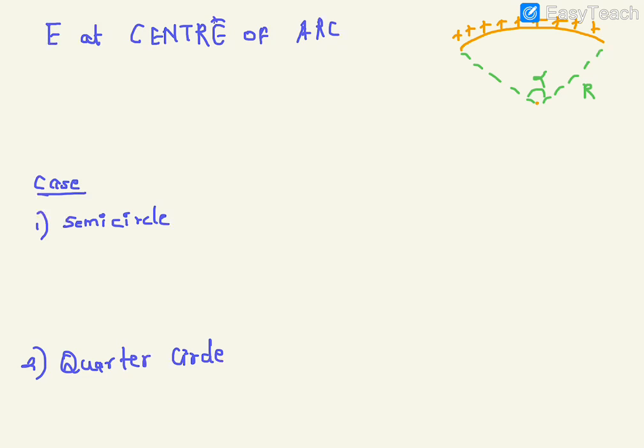Alright, now we'll come towards the extended objects and try to find the electric field at a certain point. As I've told you, this particular slide gives us the arc.